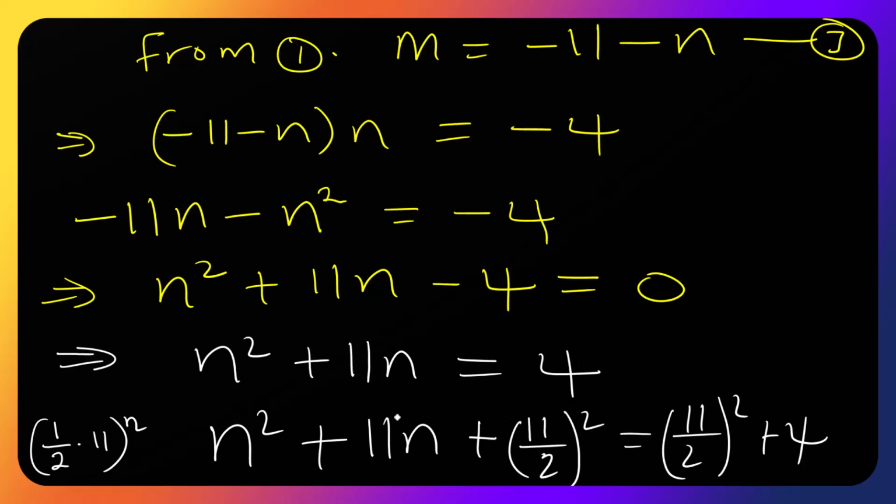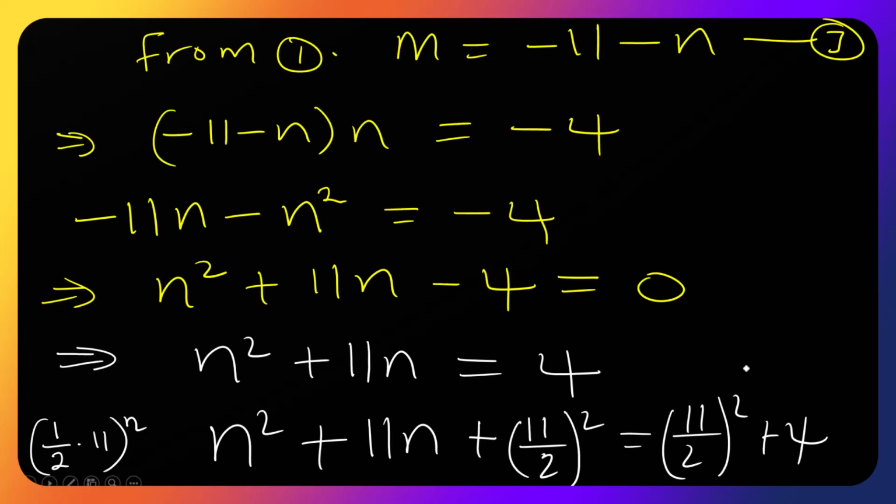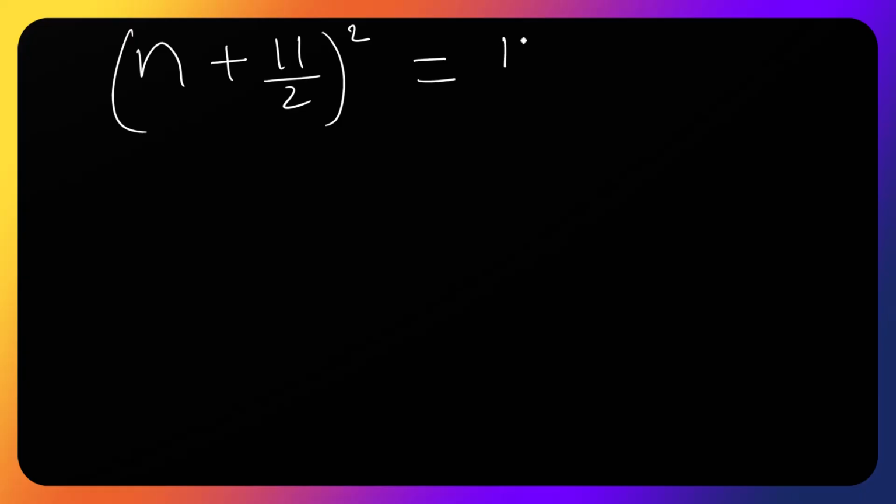The next step will be n plus 11 on 2 squared equals, so we have 11 squared, which is 121 on 4 plus 4 on the right hand side.